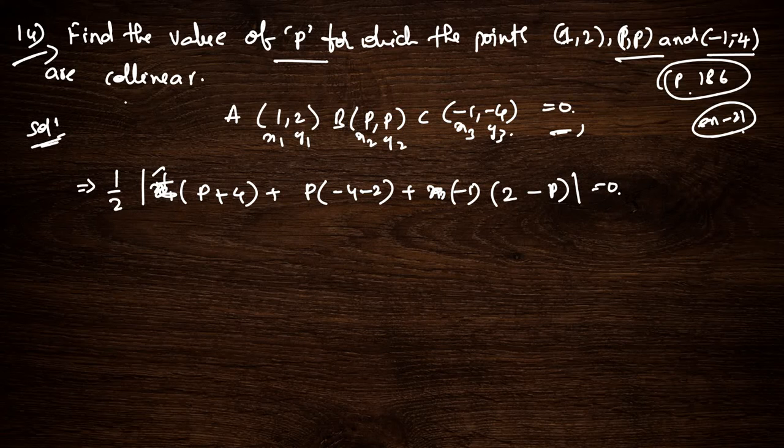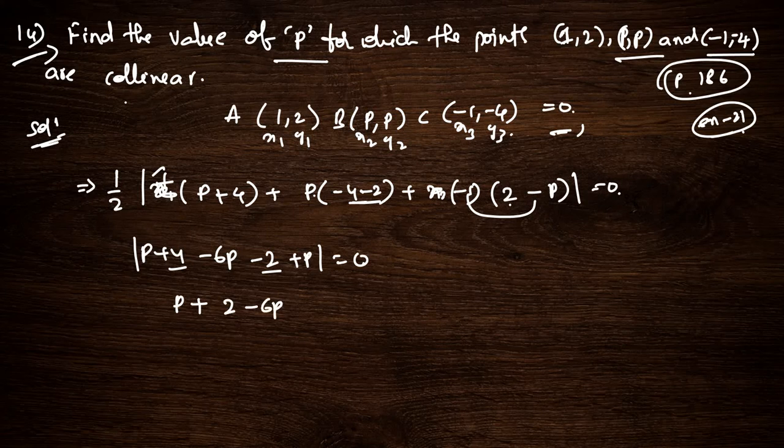So the 1 by 2 will go, and it will become p plus 4, mod of this, minus 6p, then minus 1 into minus, it will become plus p, is equal to 0 here. So p plus 4 minus 2 minus 6p plus p is equal to 0 here.